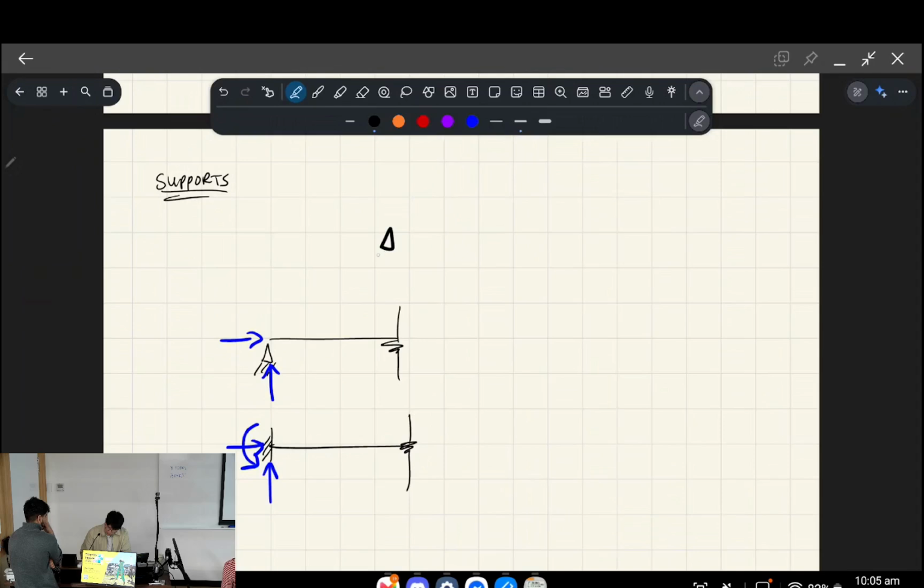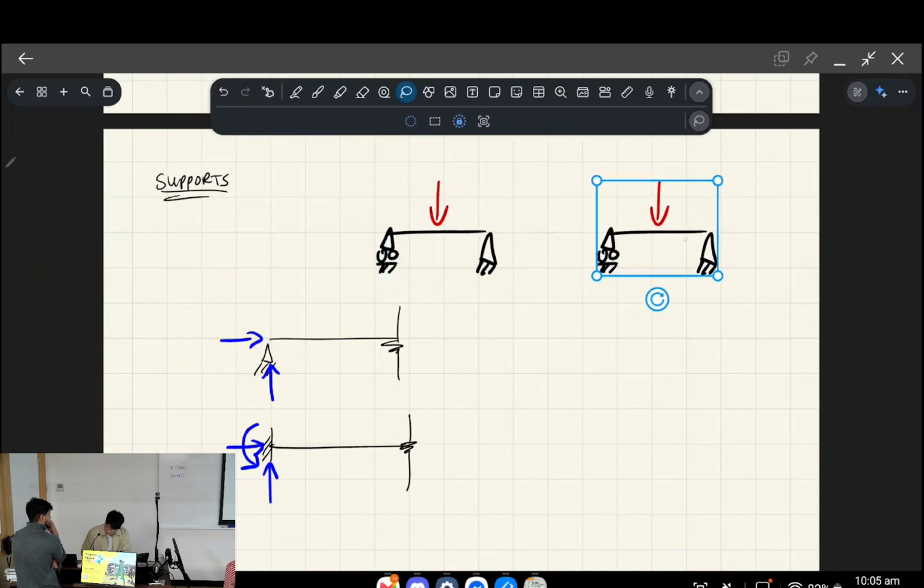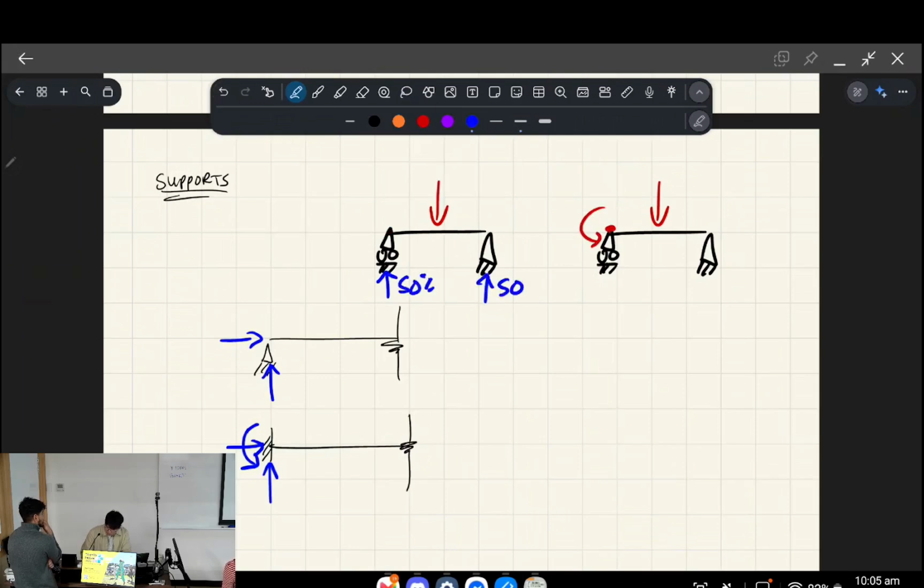Let's say you've got something like this. Maybe I'll write it. Essentially, we know that this behavior will be something like this, right? This point moment will redistribute this somehow.